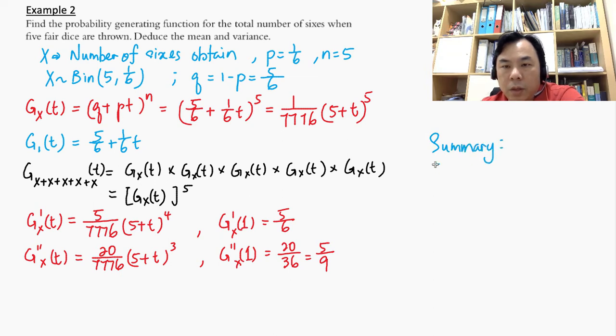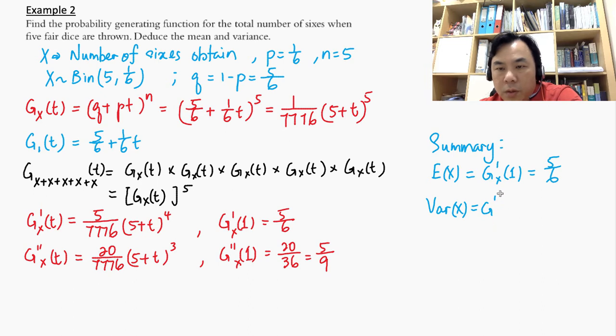To get the mean, we can obtain it by using its first derivative, which we have already obtained, 5 over 6. Its variance is given by this formula one more time, so I'll write it down again. We have 5 over 9 here, plus 5 over 6, and then finally minus 5 over 6 again, squared.